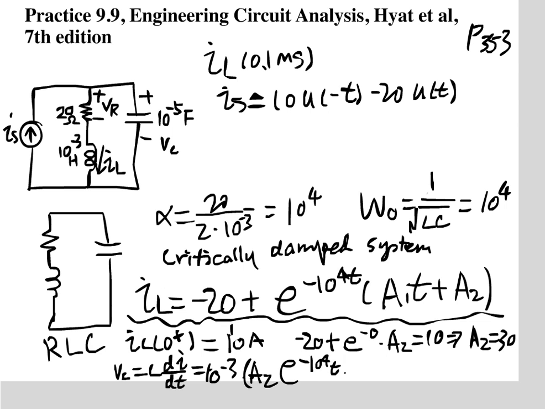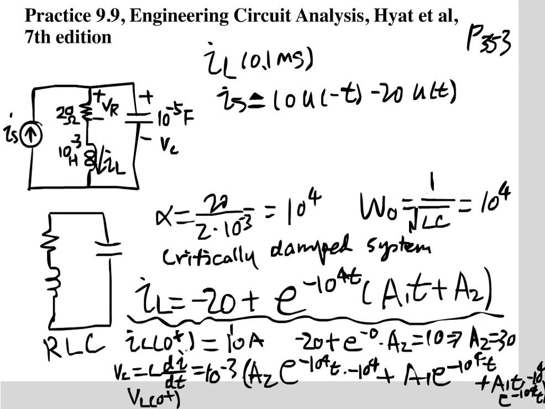So we're going to have L equals 10 to the minus 3 times A2 e to the minus 10 to the 4th t times minus 10 to the fourth, plus A1 e to the minus 10 to the 4th t, plus A1 t times minus 10 to the fourth times e to the minus 10 to the fourth t. It looks like a mess, all right?